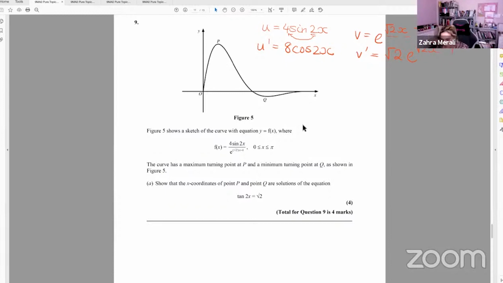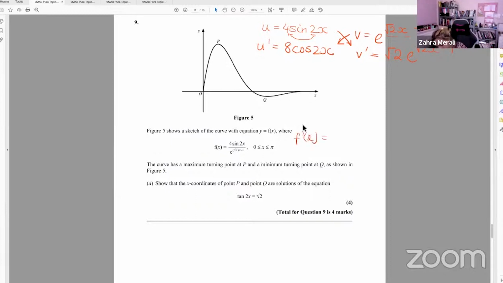And then we multiply these 2 together minus multiplying these 2 together, over v squared. Because we're not asked to prettify it and it's just show the x coordinates, don't try to simplify it or do anything fancy with it, just stick it in the formula to start with.